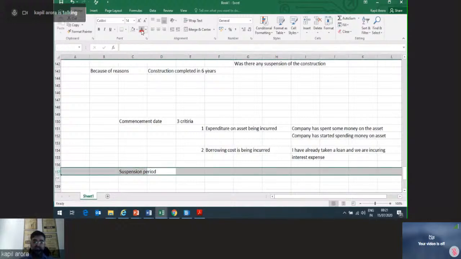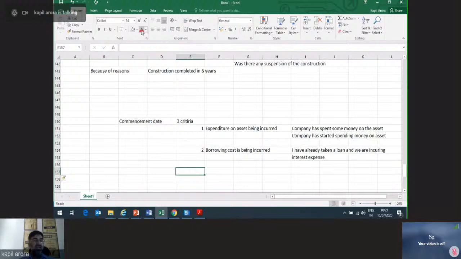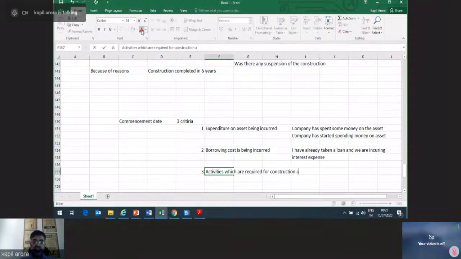So first, I have incurred some expenses. Second, I have borrowing cost also. Third, activities which are required for construction are in progress.